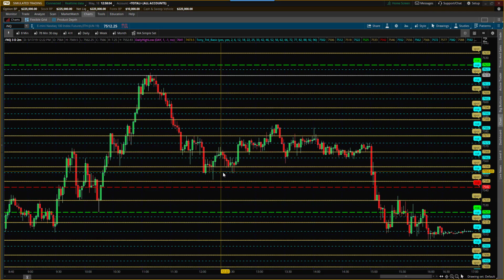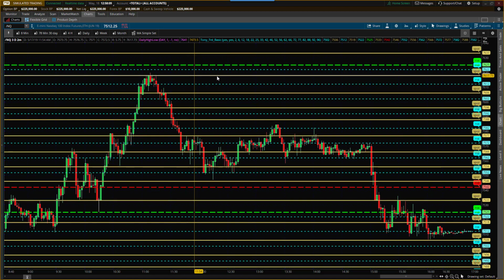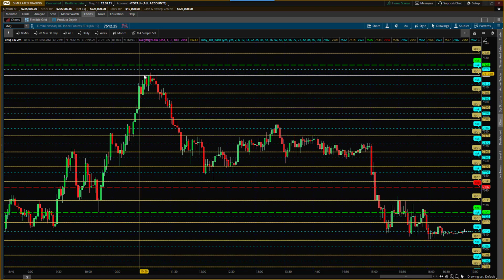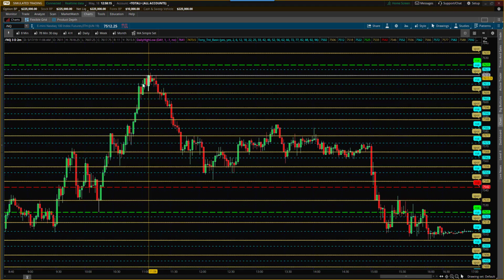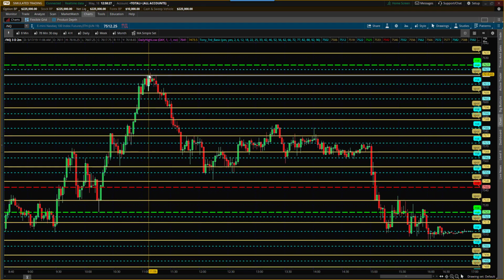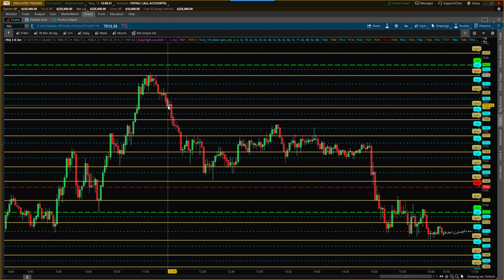So remember, look at price from the bigger picture. Right here was the weekly pivot, right? You would want to take that first test of the weekly pivot short. Just right off the bat, price is running up into this area, you would want to have an order waiting and ready to short that first test of the weekly pivot. Right? I would do that 99 out of 100 times.